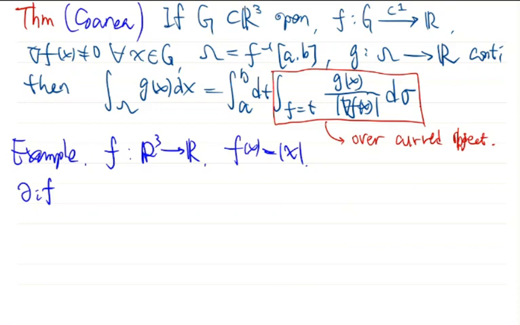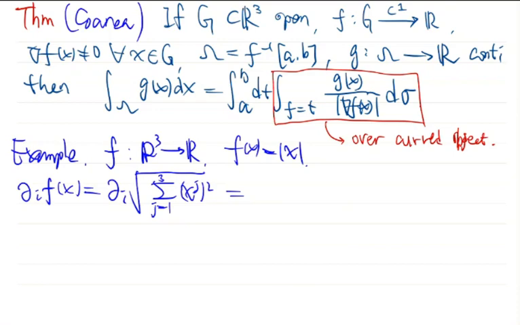the norm of the gradient. Therefore, we need to compute the gradient. Computing the gradient is computing the partial derivative of this function. So the norm of x is precisely the square root of the sum over j from 1 to 3 of x_j squared.